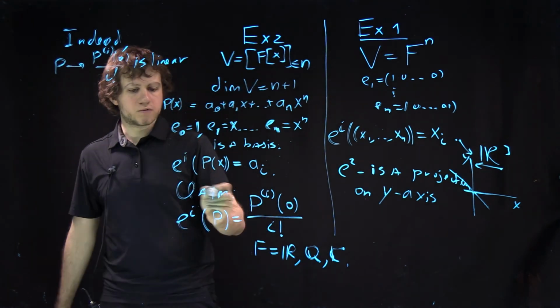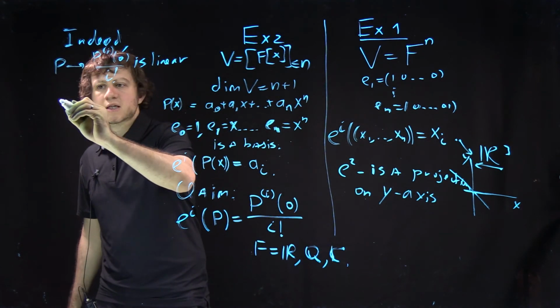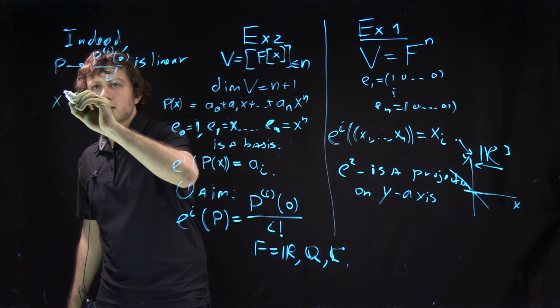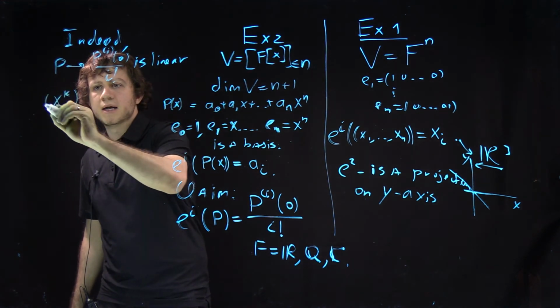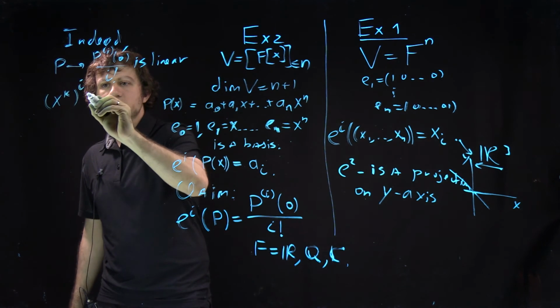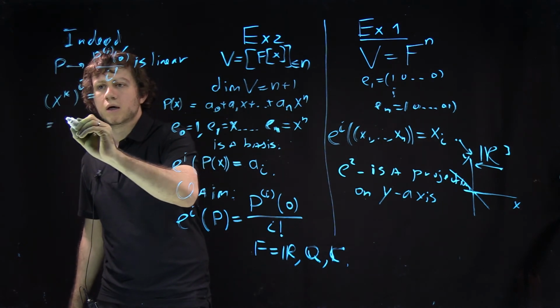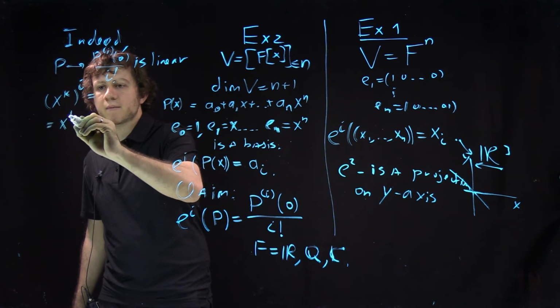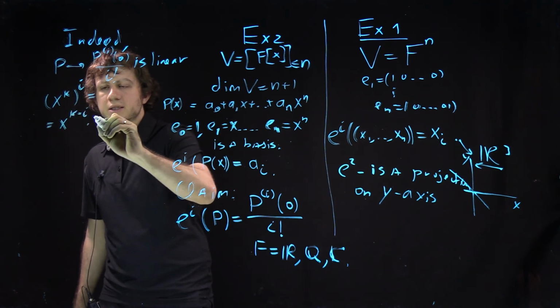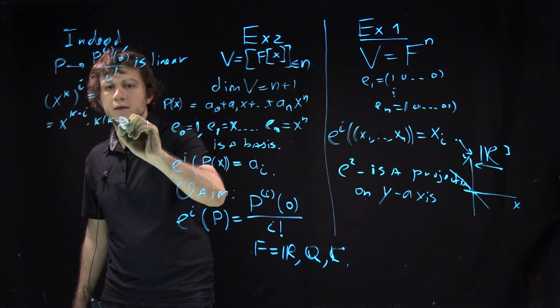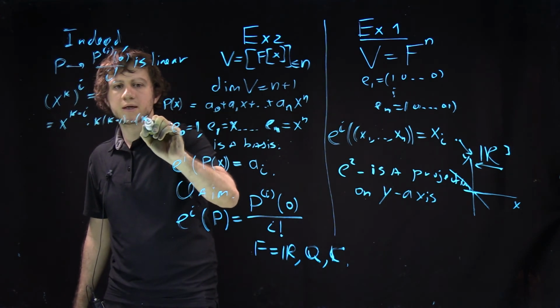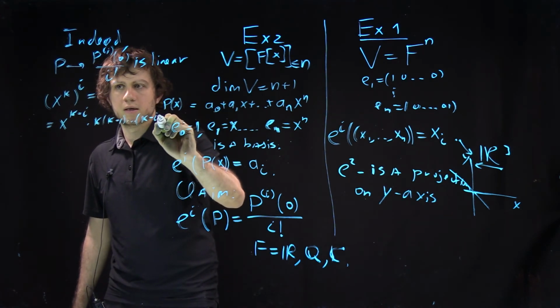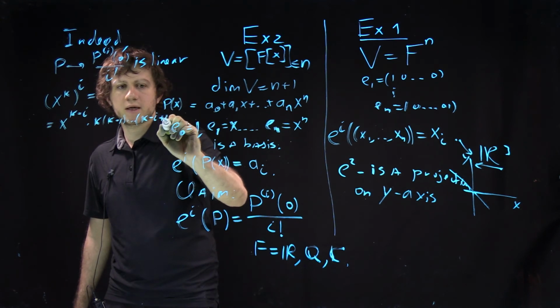And then, of course, if you take the i-th derivative of x to the k, this equals x to the k minus i times k times k minus 1 up to k minus i plus 1, I guess.